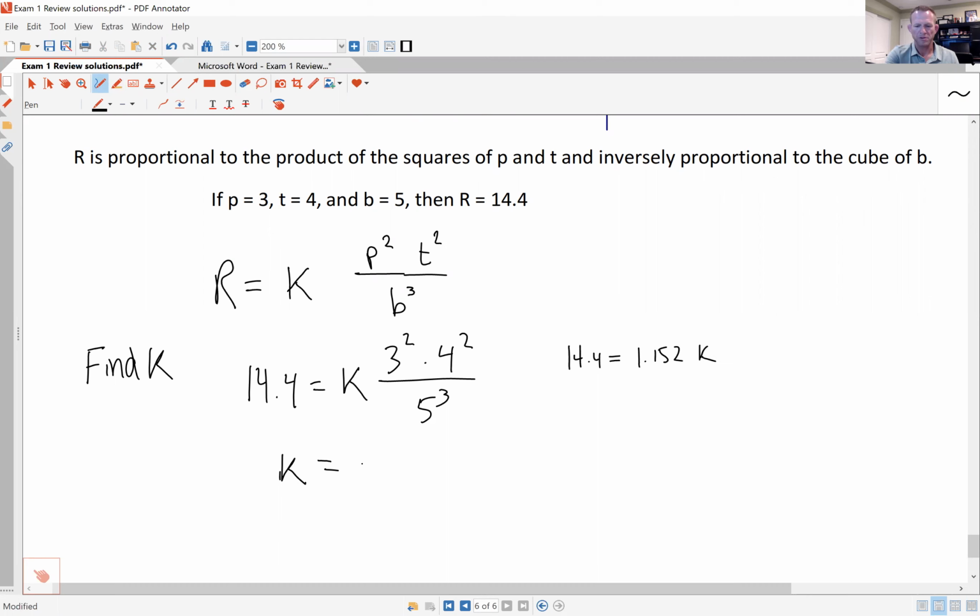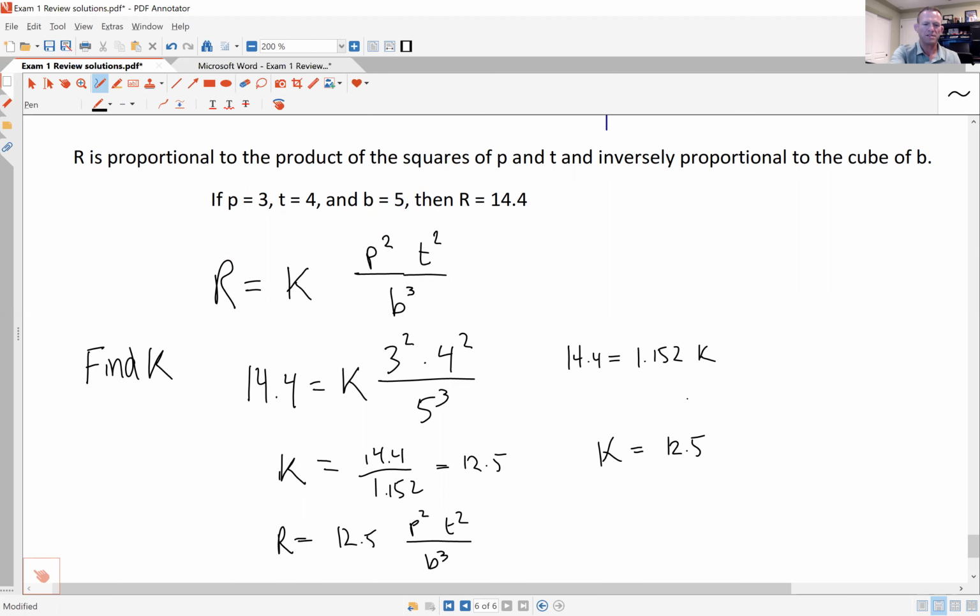Or K is equal to 14.4 divided by 1.152, which is 12.5. So that means that R is always equal to 12.5 times P squared times T squared divided by B cubed. So that's the equation of variation, and this is the variation constant.